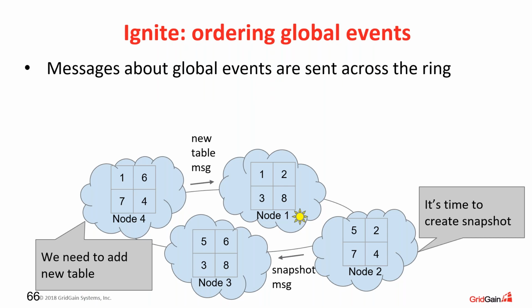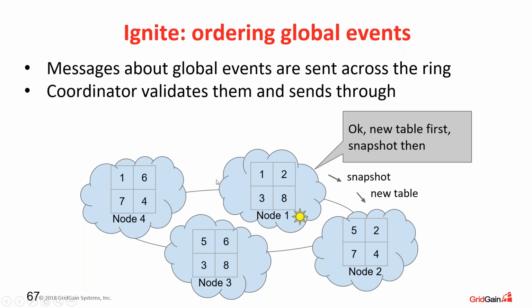Message is sent, and in case messages can surpass one another in the ring, the coordinator will get these messages in some order, and the coordinator will validate the messages and send them in the order in which it has received them.